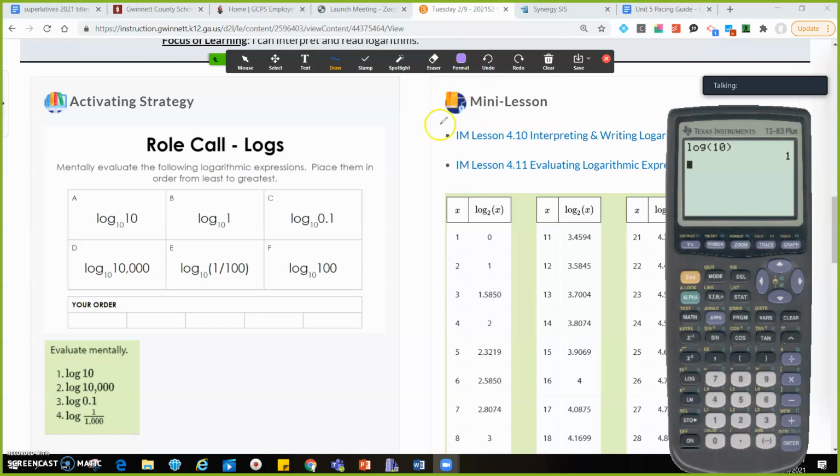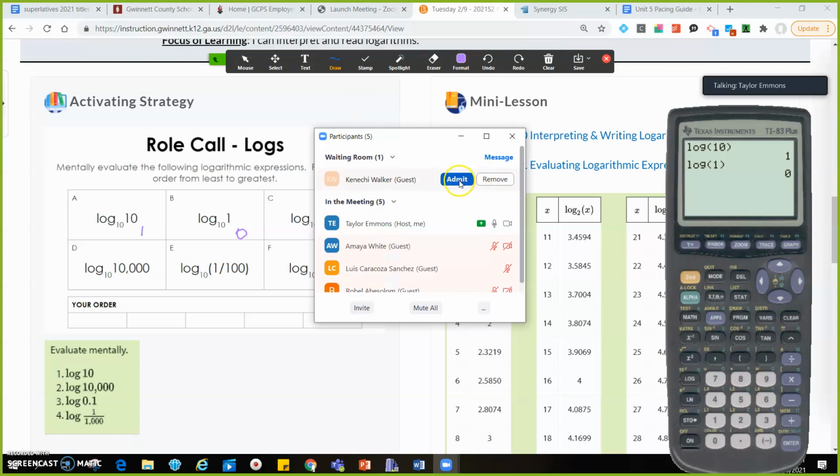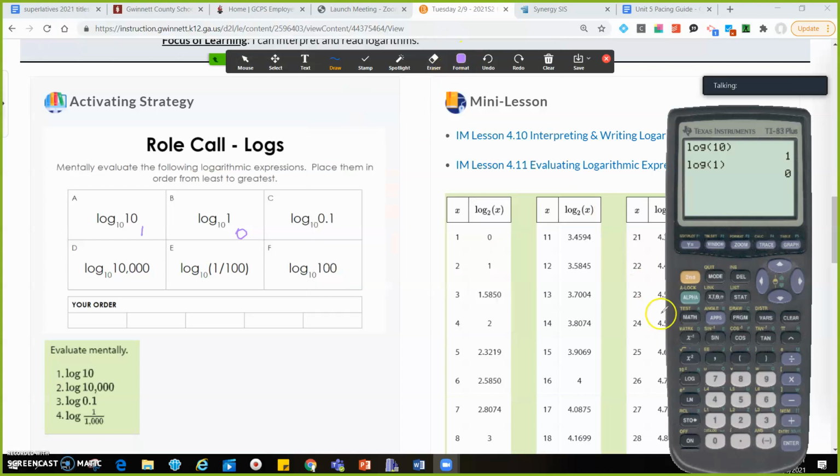Okay, so let's do log of 1. What does that give us? 0, right? We've got log of 0.1. What do you think log of 100 is going to give me?